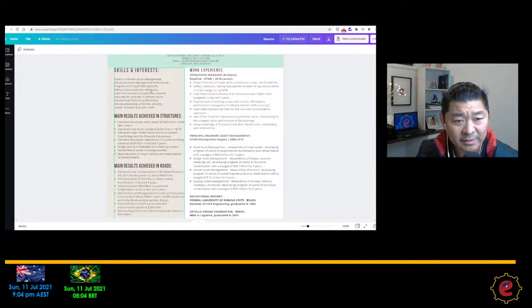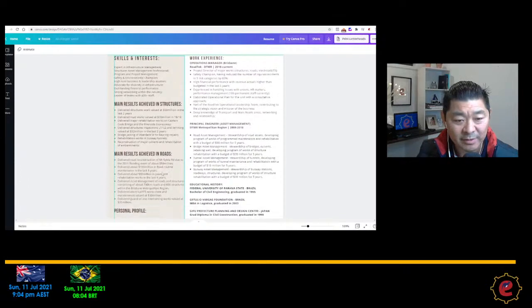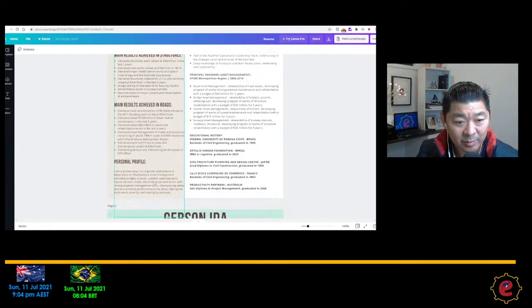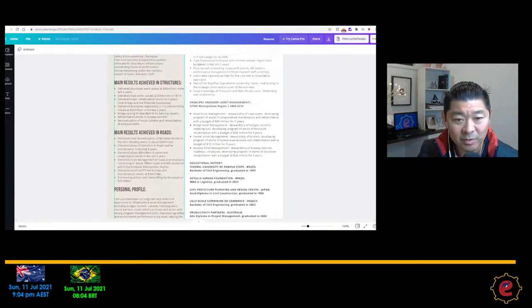On the left-hand side, I put a few things in terms of my skills and interests, the results achieved in structures, and the results achieved in roads, obviously because I work with road infrastructure, and road infrastructure is pretty much structures and roads. So I put the main results that I achieved in both areas there. And I have a little bit of my personal profile as well.